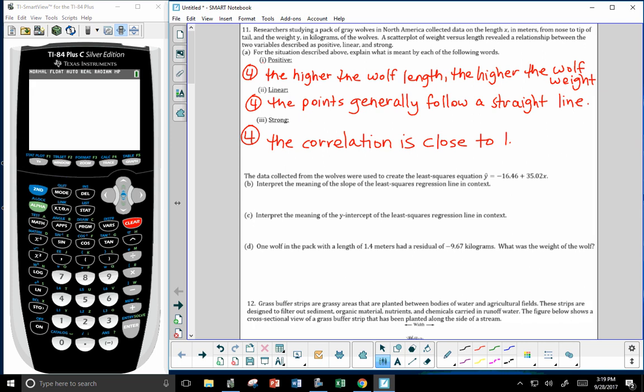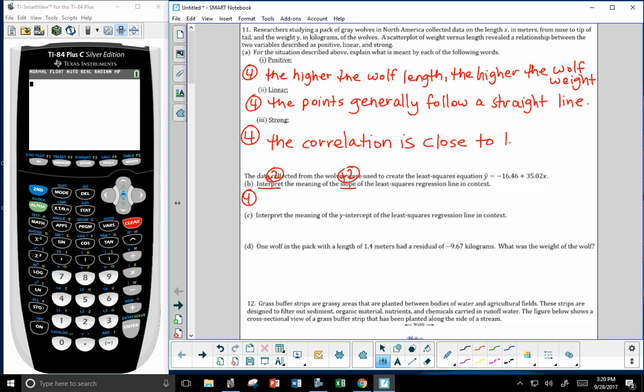So this problem was worth 4 points, but I did separate it for you. Interpreting, I gave you plus or minus 2 points. If you interpreted it correctly, and then actually giving the value was worth the other 2 points. So that's where you got your total of 4 points. So if a person just in part B wrote 35.02 and then some crazy explanation, then they may have gotten just a -2 for not interpreting it correctly.